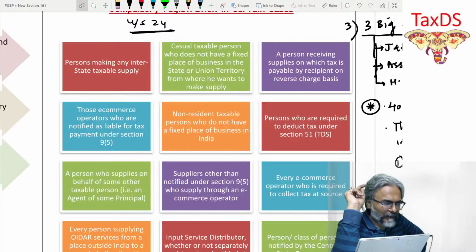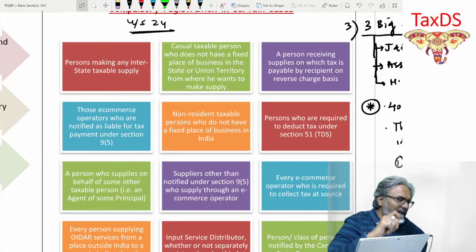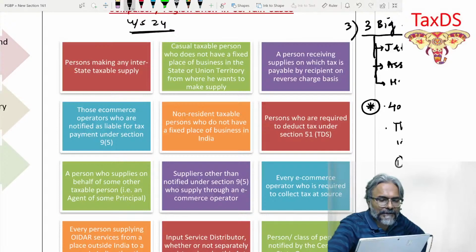Point number one. The second one, if you see, is about a casual taxable person, in the green. So we will go row-wise. The casual taxable person who does not have a fixed place of business in the state or union territory from where he wants to make a supply. You know the casual taxable person. We already have made a reference earlier also. Supposing I am registered in Mumbai.